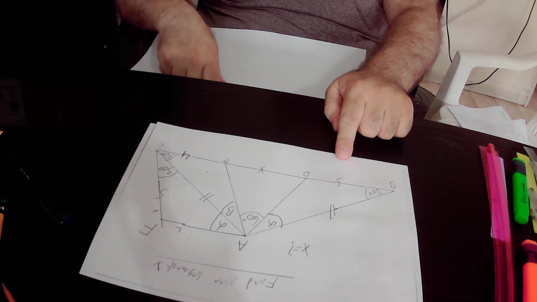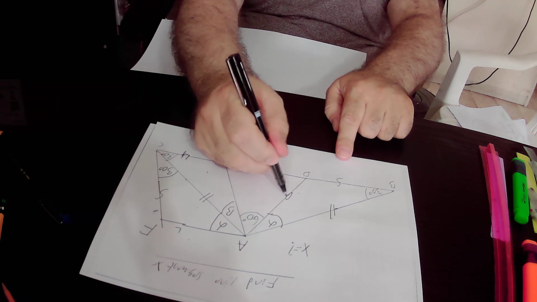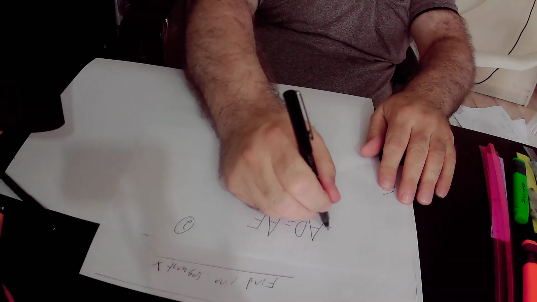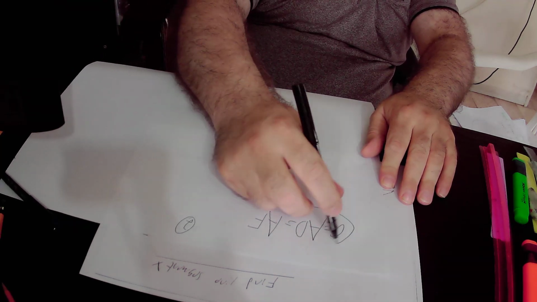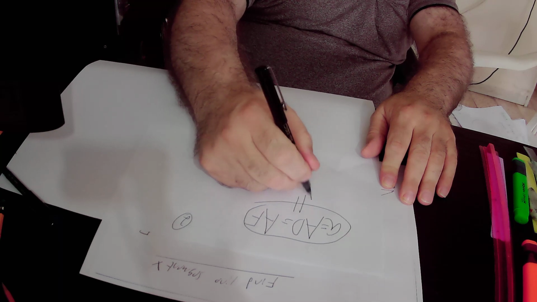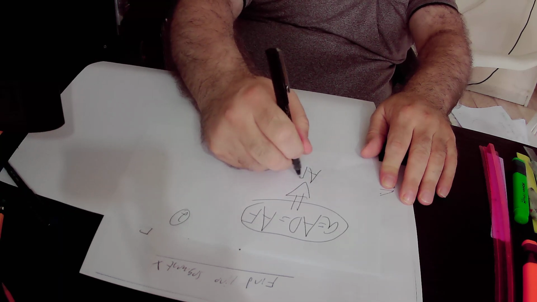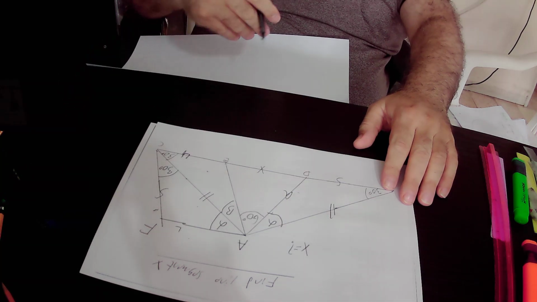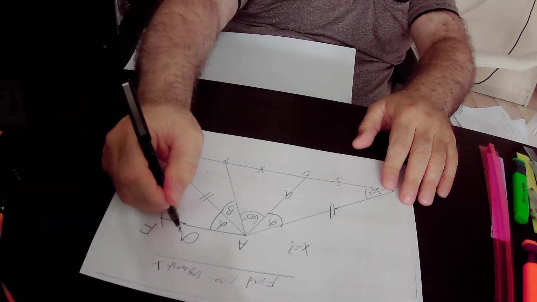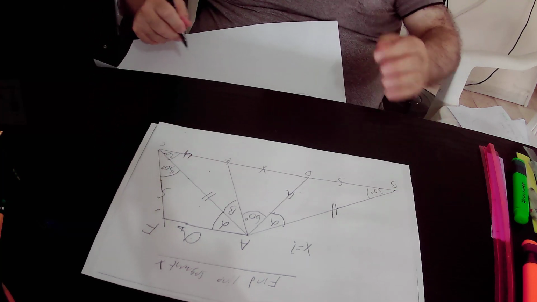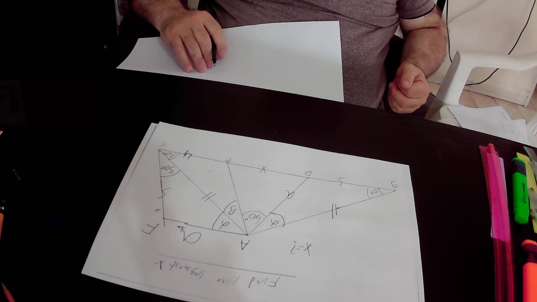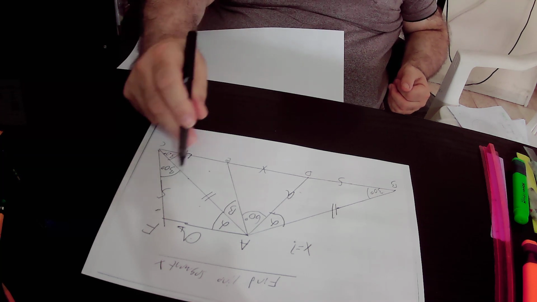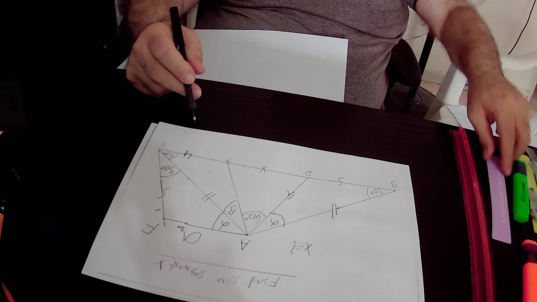So if we define side AD as A, then from this equation A equals AD equals AF, we derive that AF is also equal to A. Okay? In the next step, we join points E and F together by a straight line.